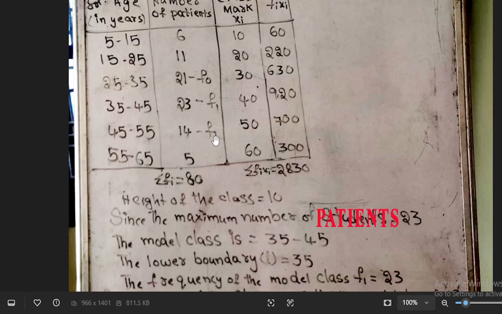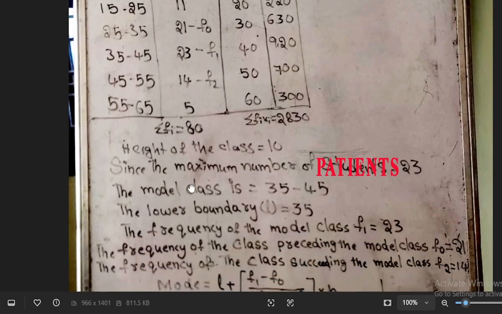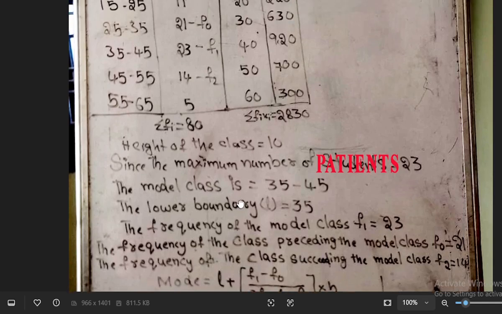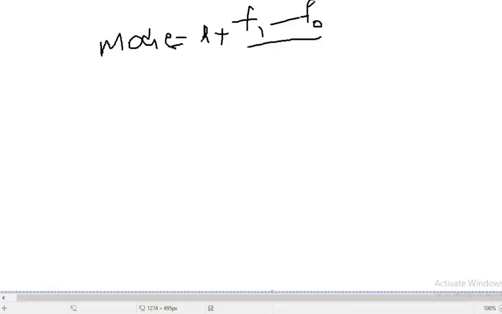Preceding class frequency is F0, succeeding class frequency is F2, and the modal class frequency is F1. The height of the class, the L value, and F0, F1, F2 values we got here. Then directly we go for the solution.